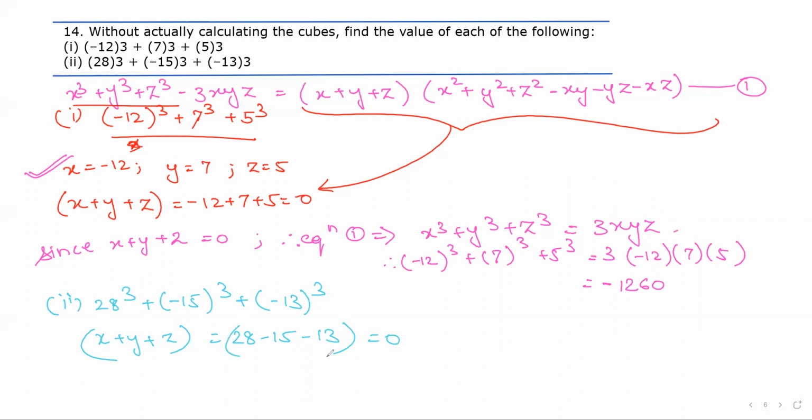So here also your formula will become the reduced form, which will be equal to 3xyz, which is 3 into 28 into minus 15 into minus 13. That's a simple multiplication whose value is 16380.